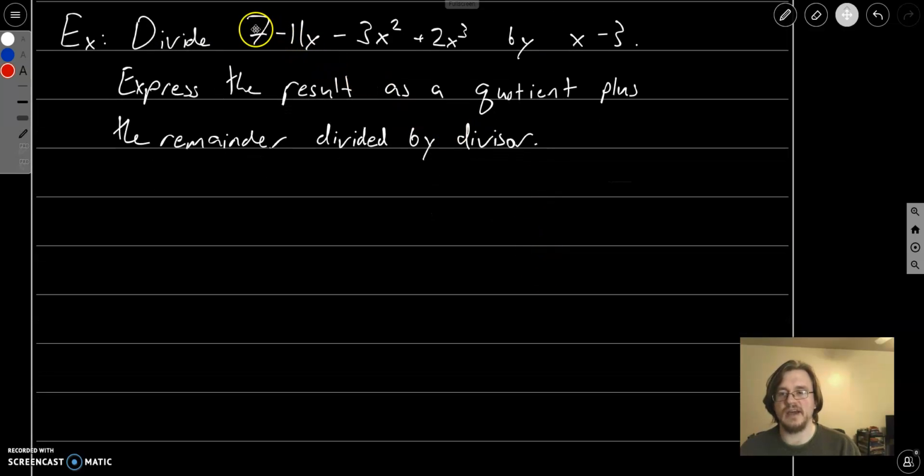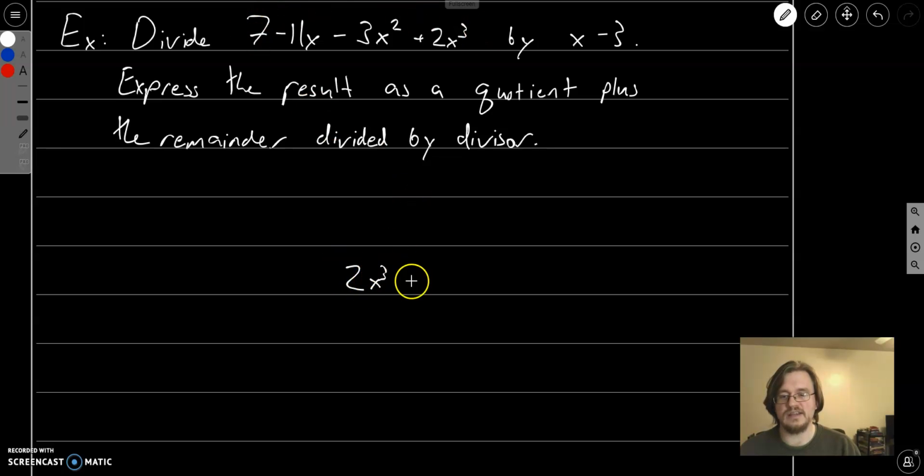So, let's divide 7 minus 11x minus 3x squared plus 2x cubed by x minus 3. So again, we're going to take this polynomial. This is not written in descending order, so we'll have to flip it around.